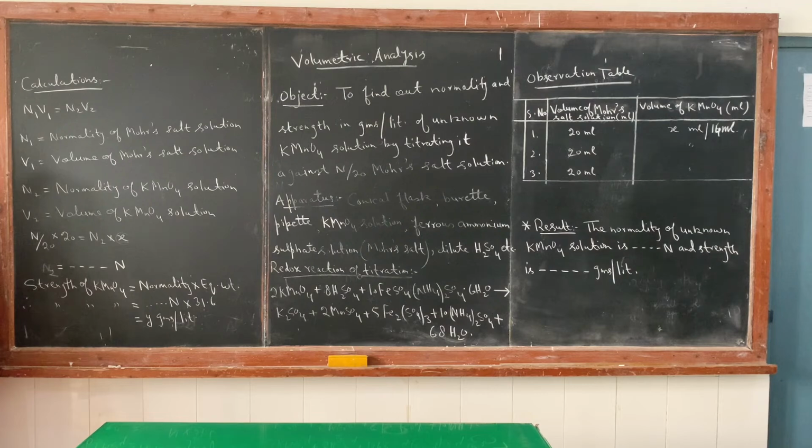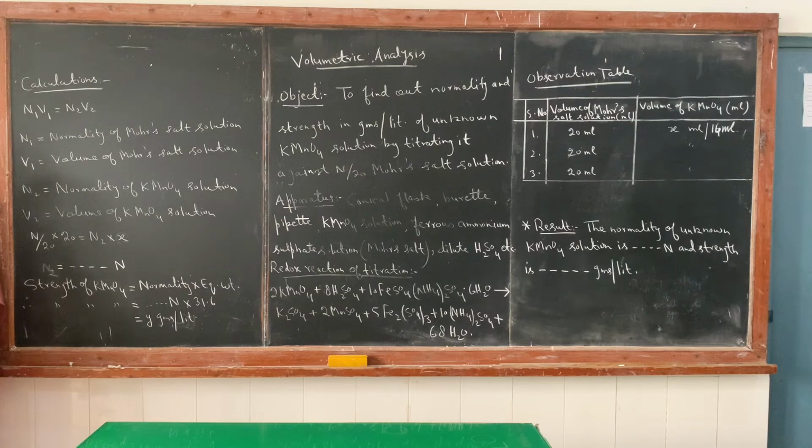Now just by putting in the values, N1, the normality of Mohr's salt solution, which is already given in the object, that is N/20, multiplied by 20, the volume of Mohr's salt solution which we take every time, is equal to N2, the normality of KMnO4 solution, which has to be calculated, multiplied by x ml.